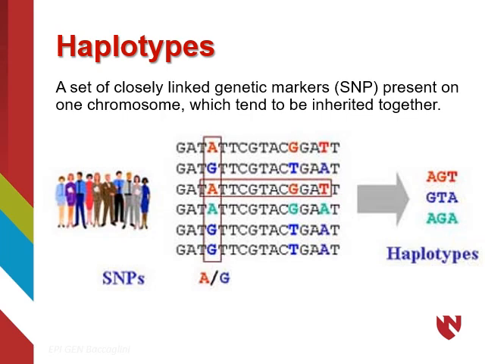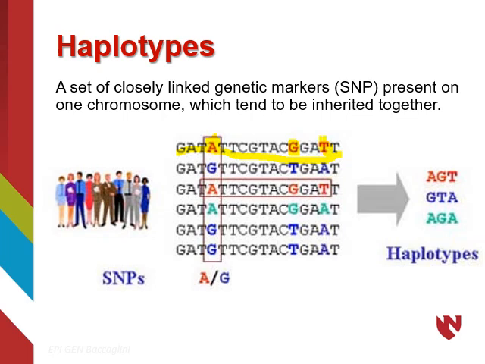However, you can see, for example, on this first row that this individual has an A allele at locus 4, a G allele at locus 12, and a T allele at locus 15.